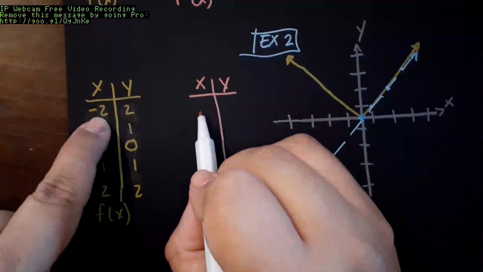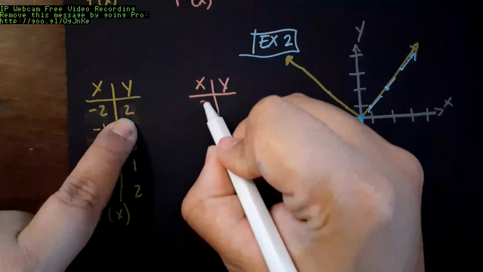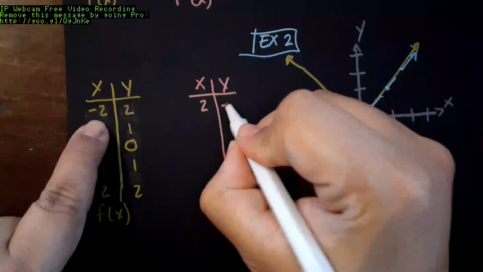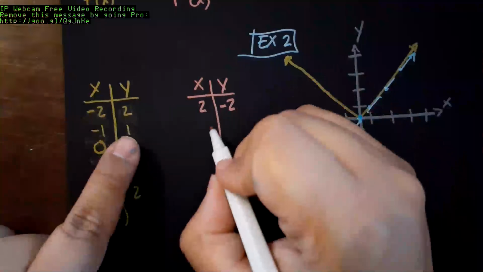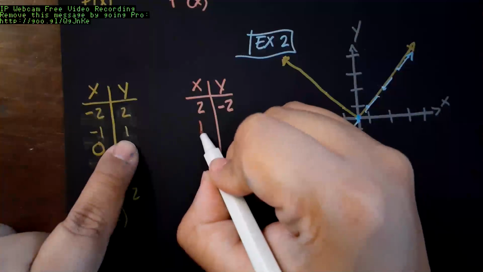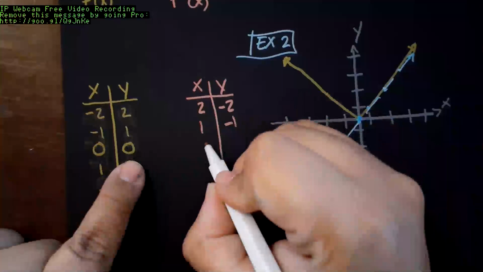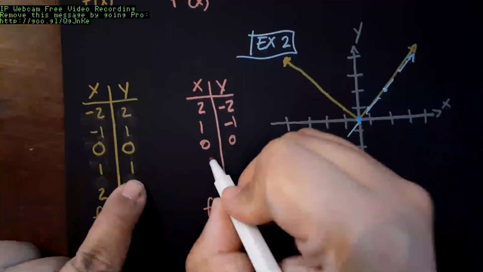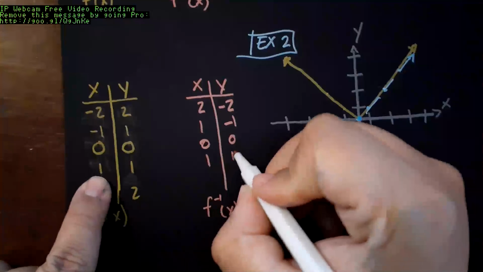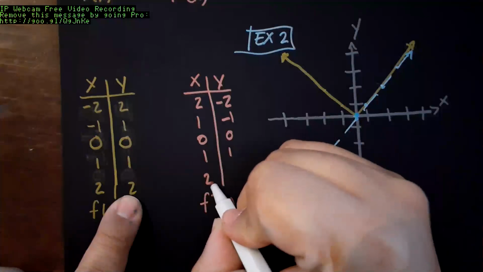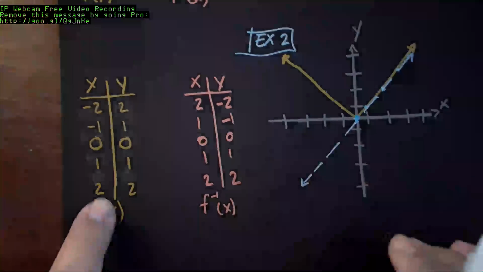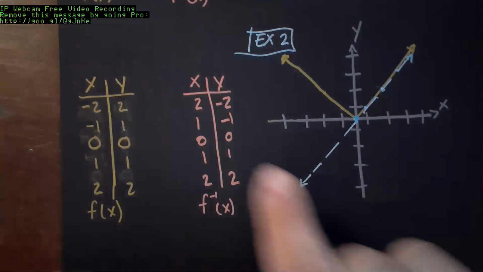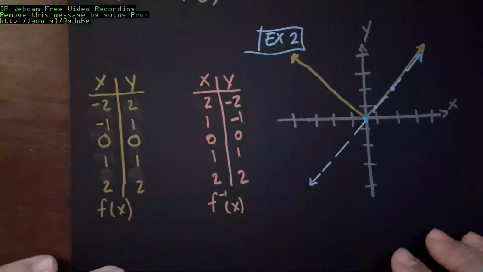So in this point, my y becomes my x, and my x becomes my y, and I'm just going to be doing the same thing. -1, 0, 0, 1, 1, and then 2, 2. Okay, so it seems like only the upper half of our table changed a little.